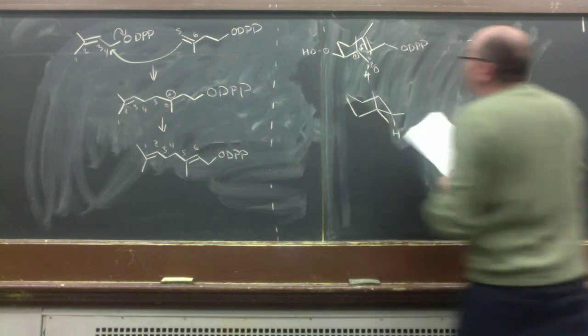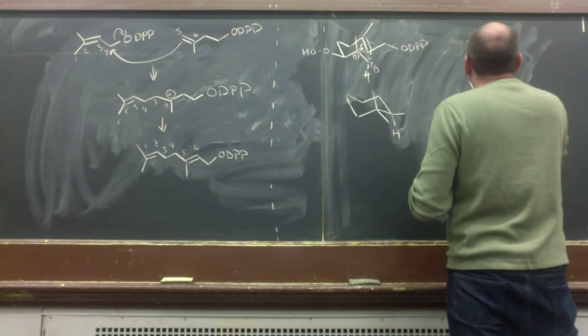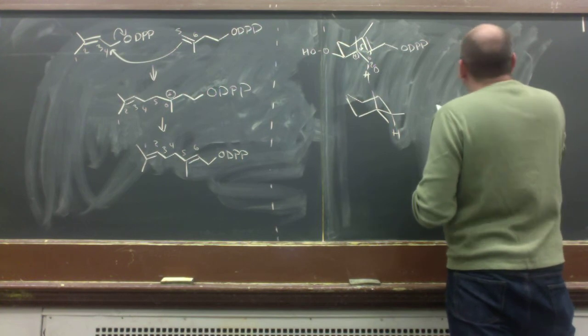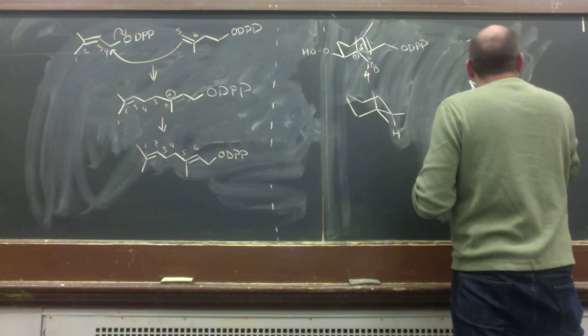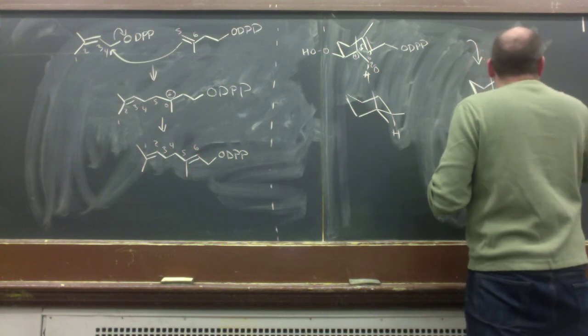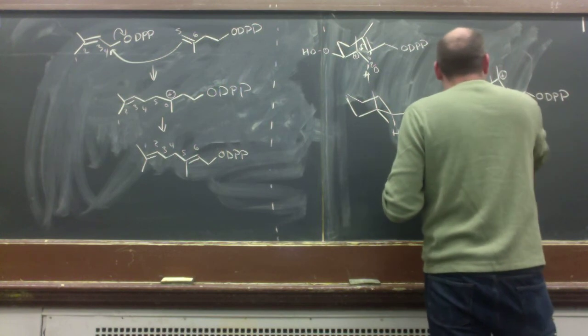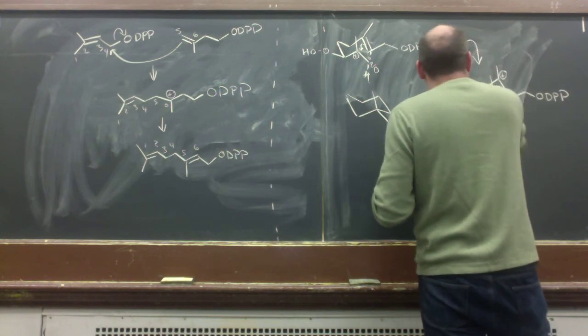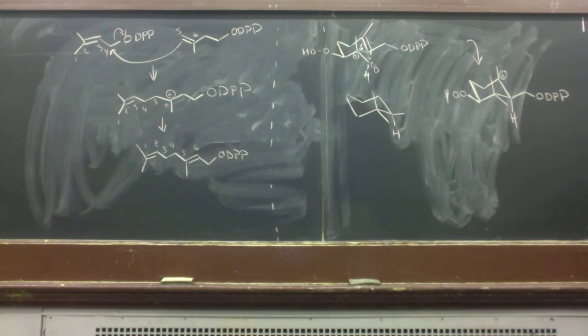But again, once we draw this intermediate, after the bond is formed, it starts to take on this chair-like conformation. Everything starts to take this chair-based conformation. Again, we have a cation left over.